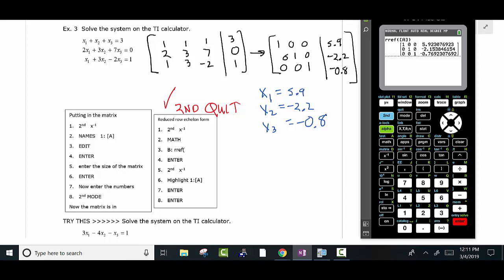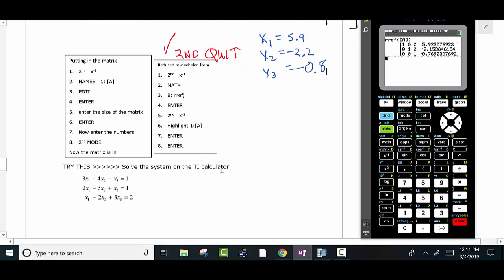Okay, all right. I want you to go ahead and do the next one yourself. All you have to do is just type over what you already had. So you want to write down your augmented matrix, and then you want to write down what comes out on your calculator, and then we'll kind of compare answers and see if we're doing this right then.